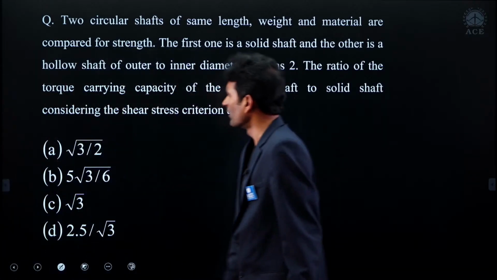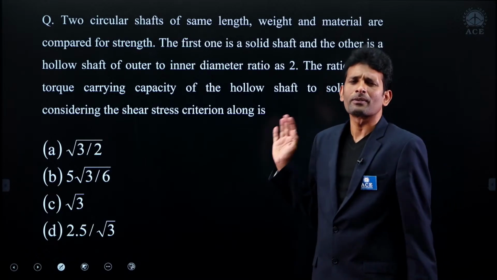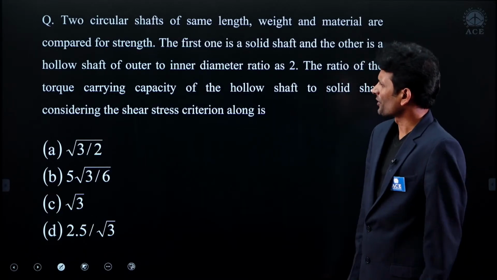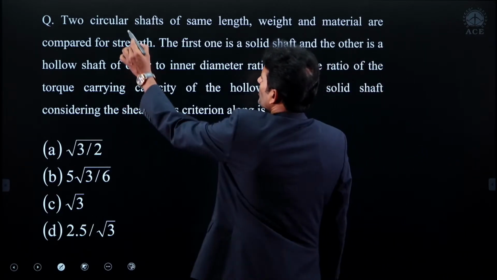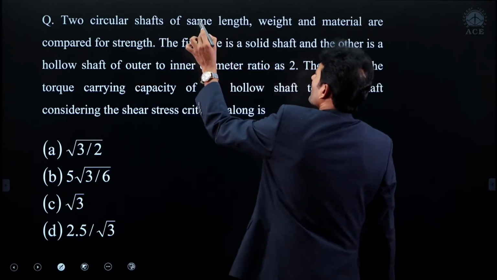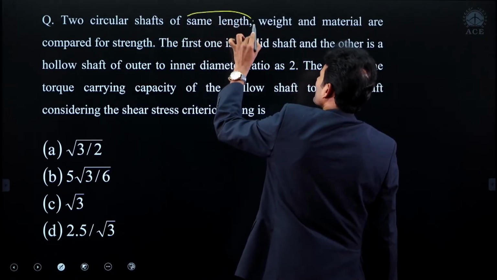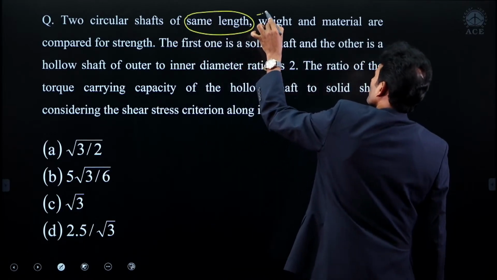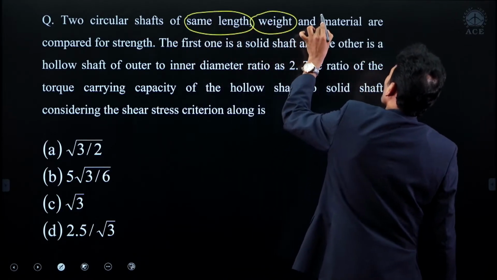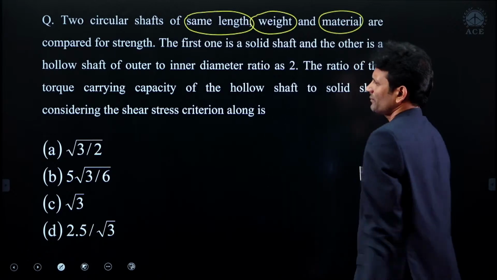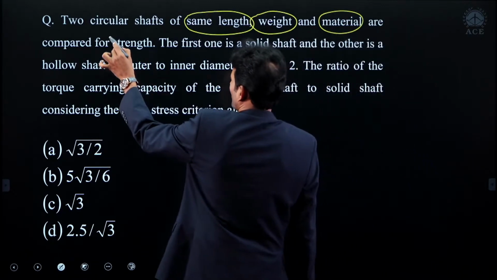First, read carefully. This is another interesting question from the concept of torsion. Circular shafts of same length, same weight, and same material are compared for the strength.